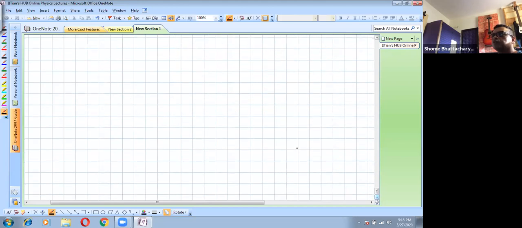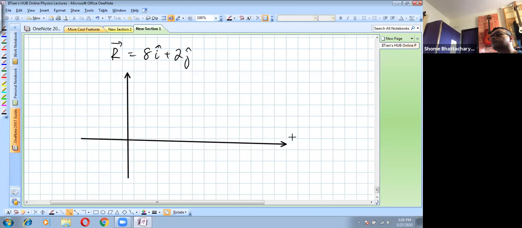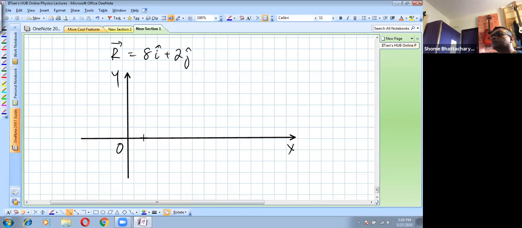So going back to this, my vector R was 8 i cap plus 2 j cap. So in my xy plane, within my xy plane, the vector R is something like this, where this angle is, let's say, some theta.